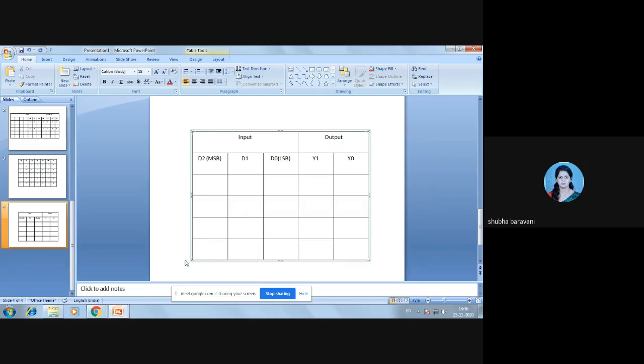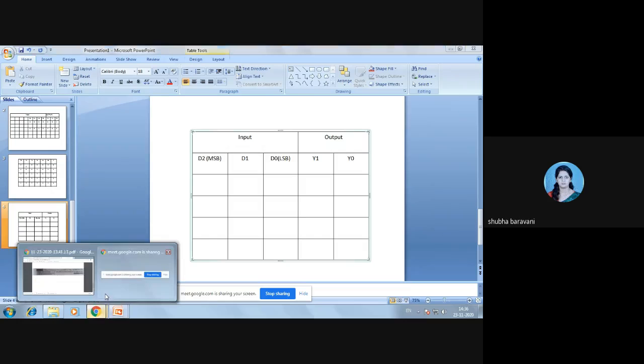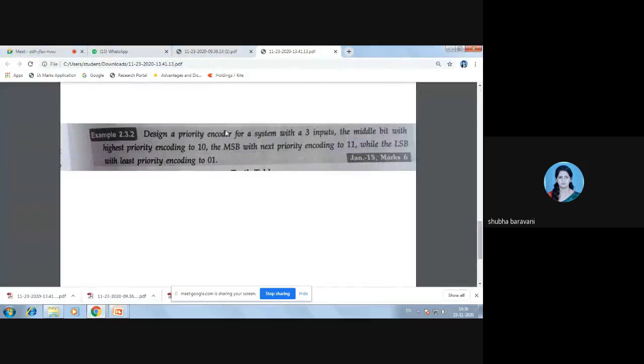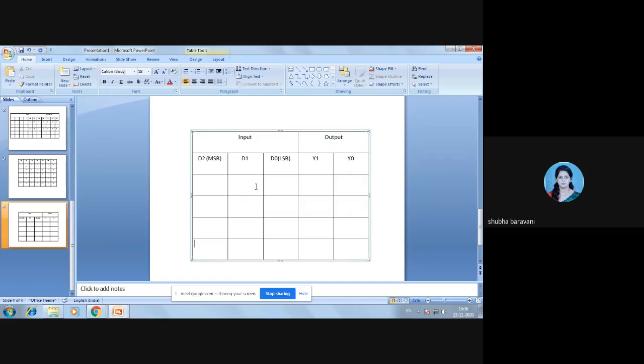So we'll go back to the numerical. What he says, you are asked to draw a priority encoder for a system with 3 inputs. Okay, input is only 3. The middle bit with highest priority encoding to 1 0. So the middle bit has to be of highest priority, which should give you 1 0, whatever be the condition of the other two.